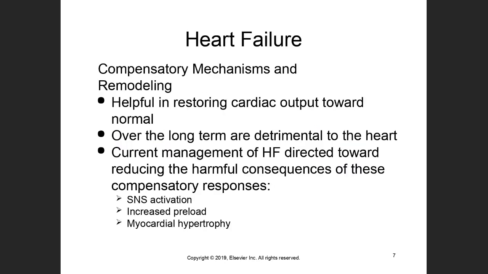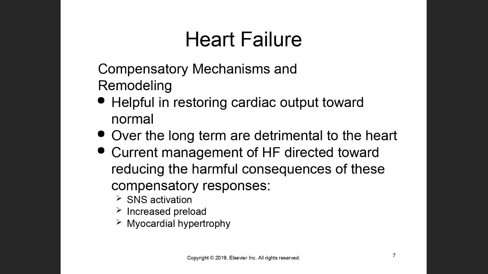Heart failure, compensatory mechanisms and remodeling. Okay, these help in restoring cardiac output toward normal, but over the long term are detrimental to the heart. Current management of heart failure is directed toward reducing the harmful consequences of those compensatory mechanisms.